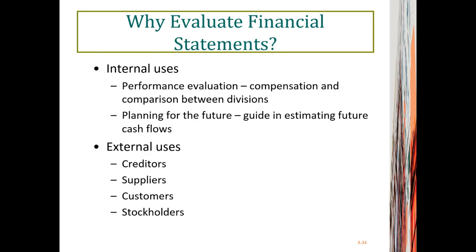Of course, customers are looking at the financial statements, analyzing ratios to see how well the company is running. And the last one, of course, the most important one here is stockholders, evaluating financial ratios intensively, trying to understand how well the company is running its business and how fairly the stock price is evaluated by the stock market.